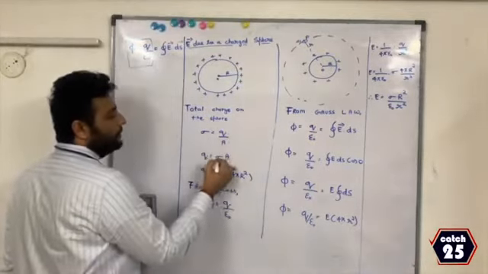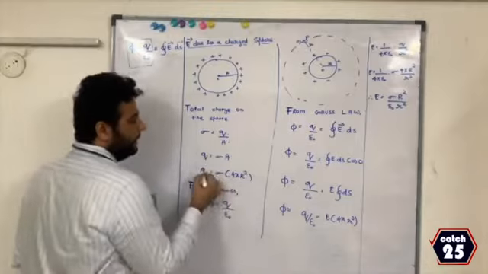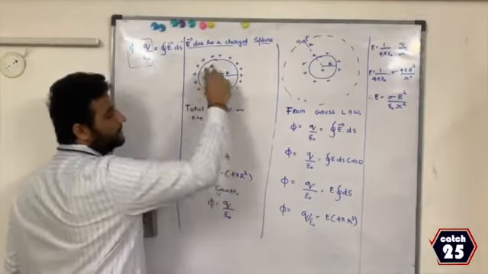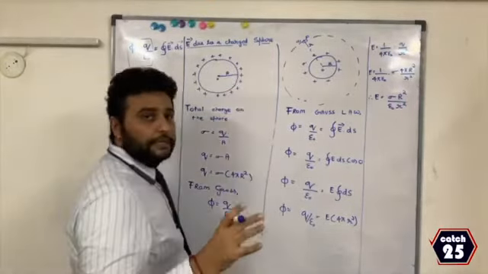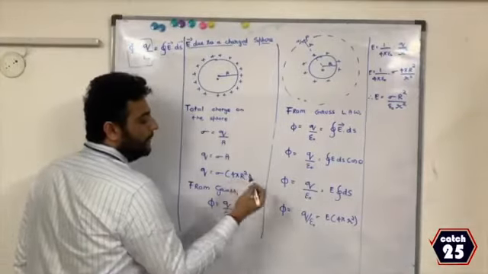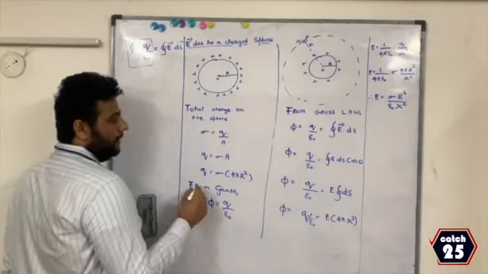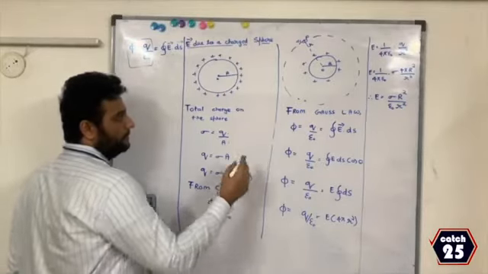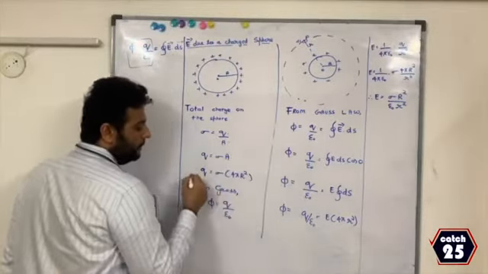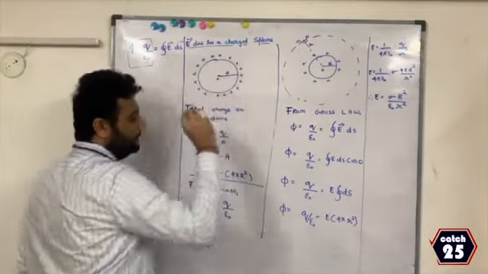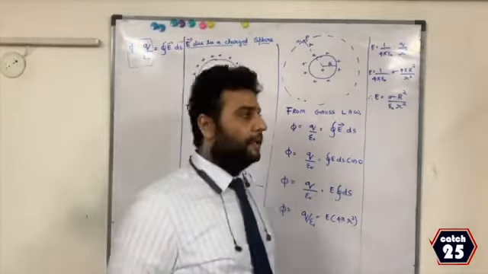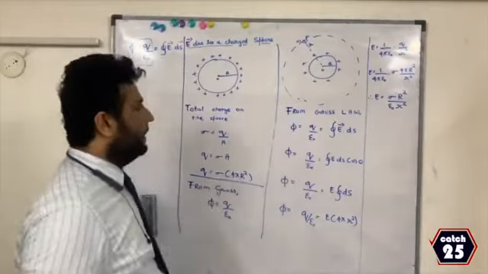Therefore, Q is equal to sigma into A. What is the surface area of a sphere? Surface area of a sphere is 4 pi r square. So, did you understand what is the charge on the sphere? Charge on the sphere is sigma into 4 pi r square.